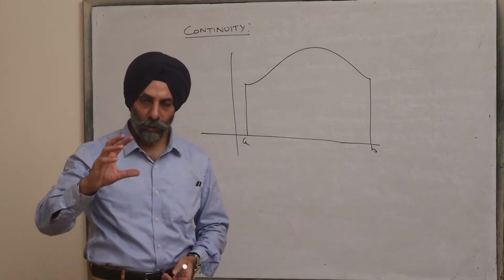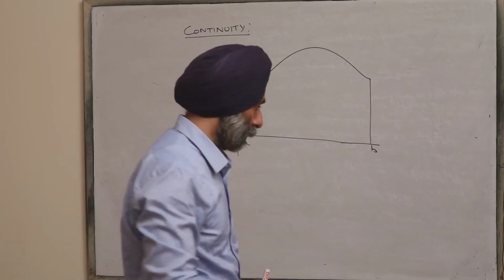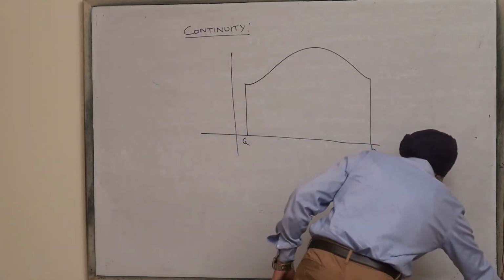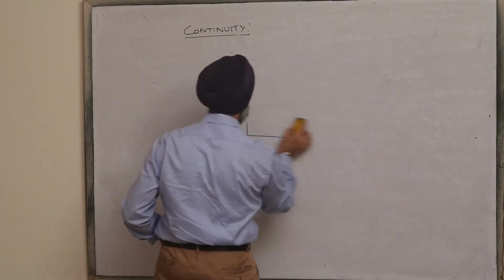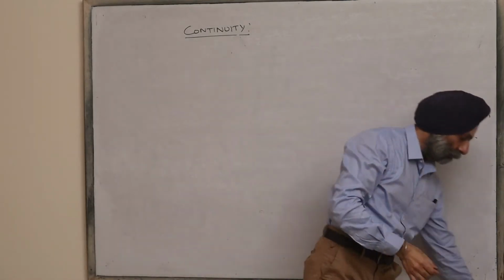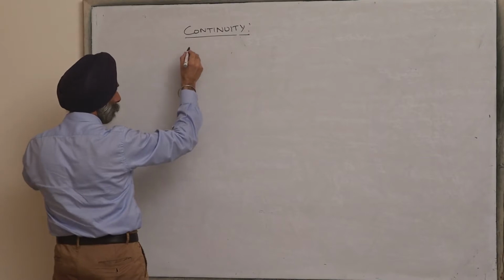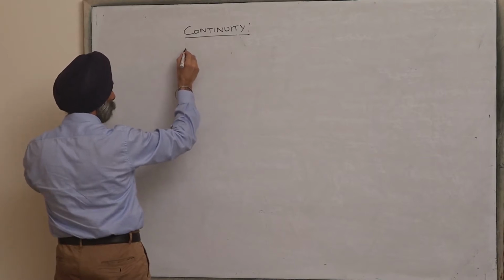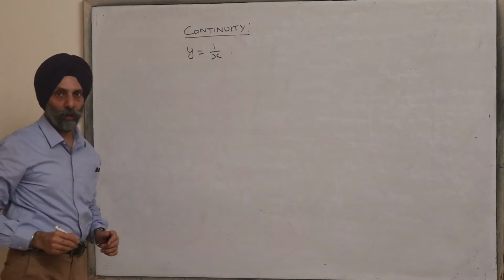Now, what is going to be the graph of a discontinuous function? For example, let's plot the graph of y is equal to 1 over x.